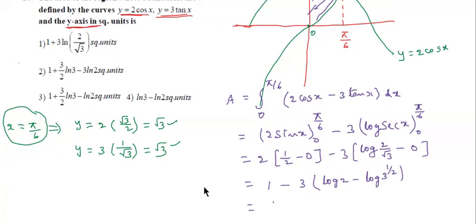Now 1 multiplied with 3 gives 3 log 2, minus into minus is plus, the 1 by 2 comes in front of the logarithm, and multiplied with 3 also, 3 by 2 log 3. This is the answer. So observe which is the correct option. The second option is correct.